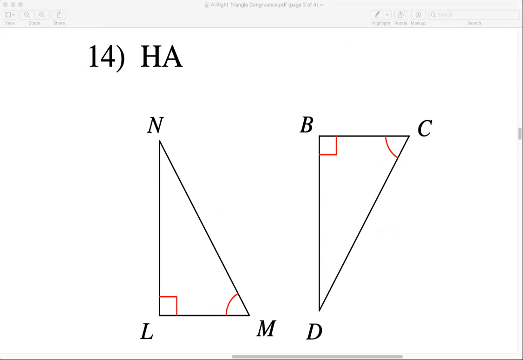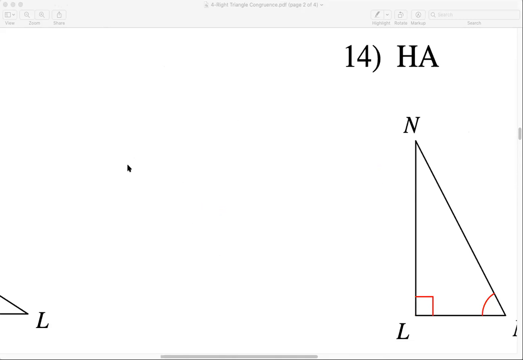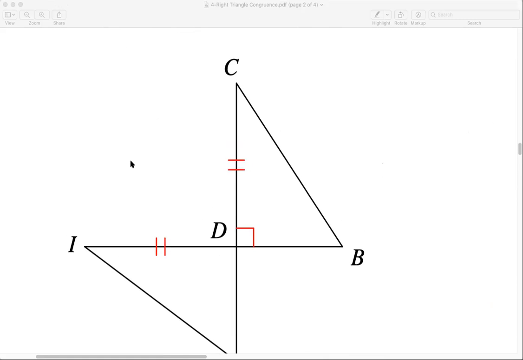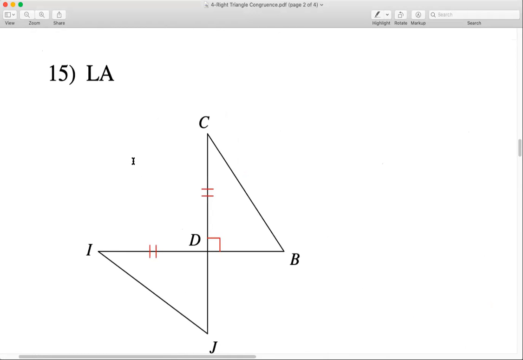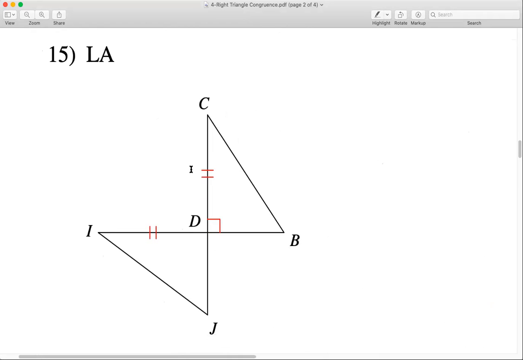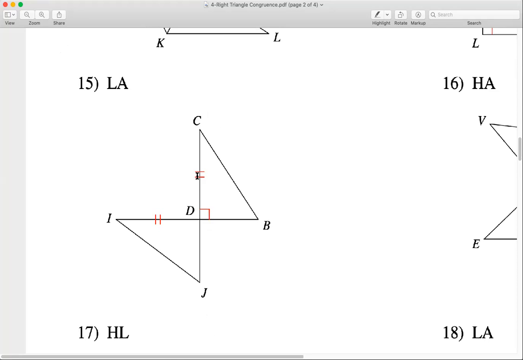Now, let's move on to number 15. Leg-angle.